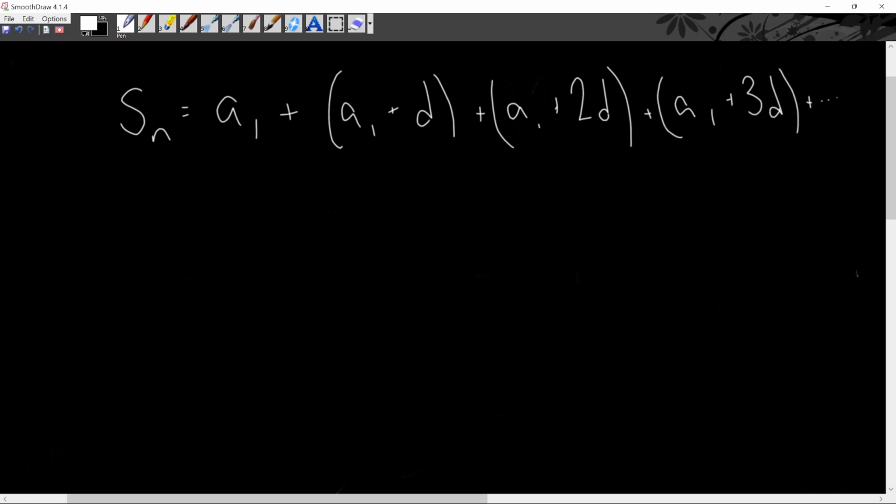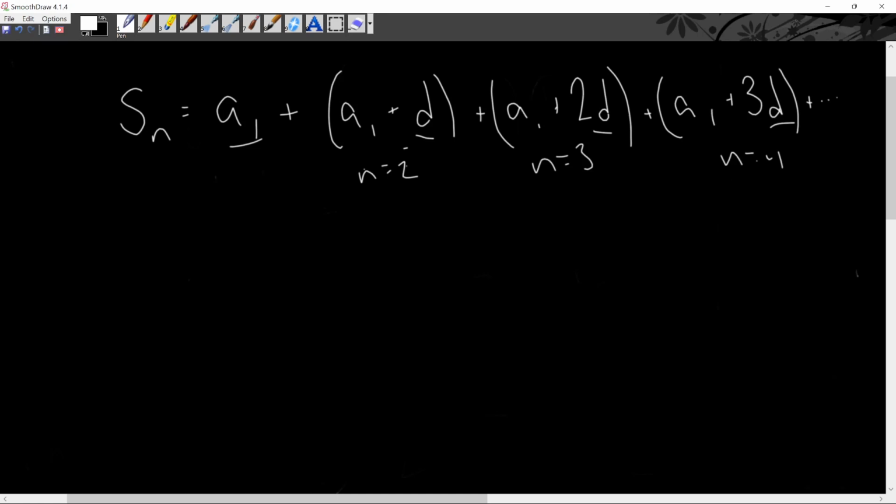Again, if you just think about this, the common difference is the same because it's common, and n minus 1 will not be included for this first term, but for every subsequent term. So for example, n equals 2, n equals 3, n equals 4, you do 4 minus 1, you'll get 3, 3 minus 1, you'll get 2, 2 minus 1, you'll get 1, and this is how this arithmetic series will look, right?